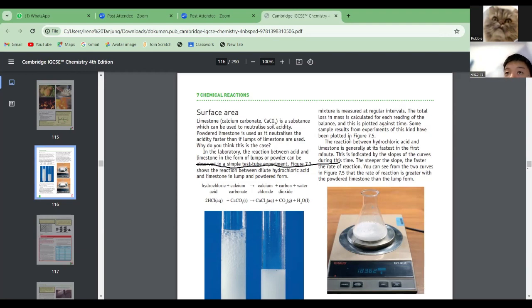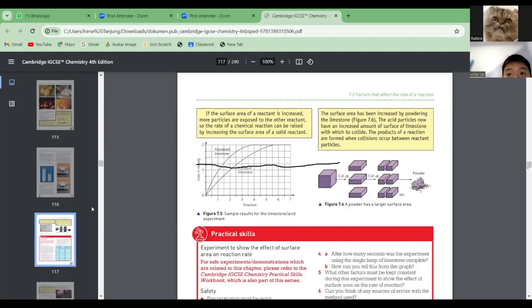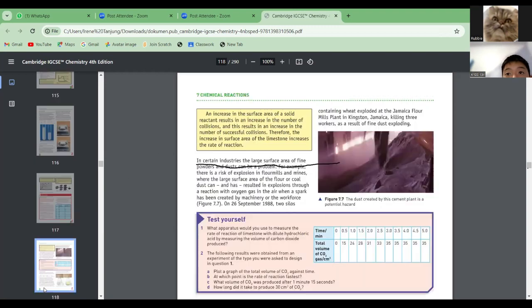We measure it at regular intervals, the total loss of mass, and calculate for each reading of the balance. But in some industries, the large surface area of a fine powder can be very dangerous and can be a problem.